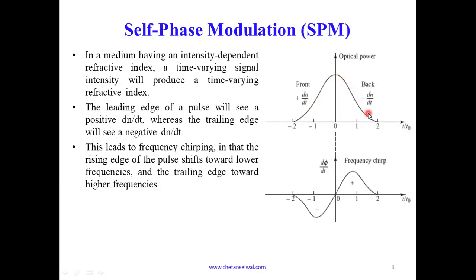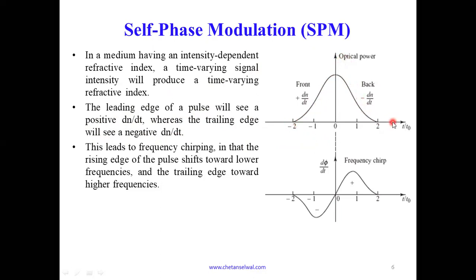Again, power is reducing, and here again it has become 0. So the leading edge of a pulse will see a positive dn by dt, whereas the trailing edge will see a negative dn by dt. As we have already discussed in the Kerr effect, the fluctuating power will give rise to a fluctuating refractive index. So we can say that the refractive index profile would also be similar to this.